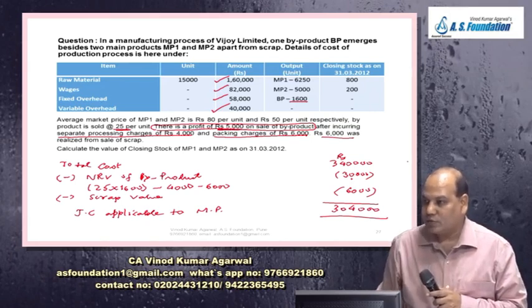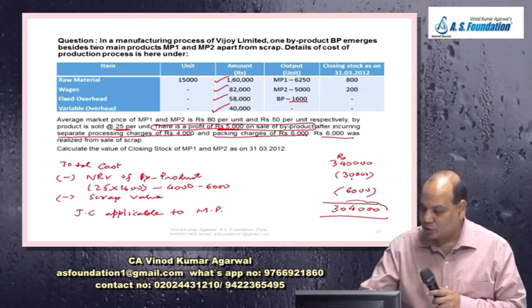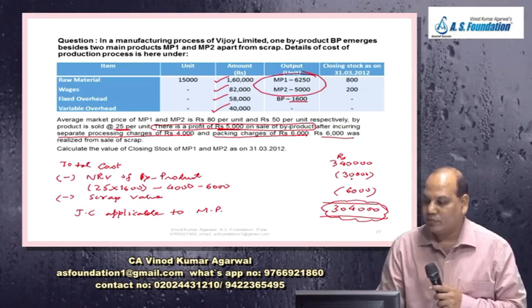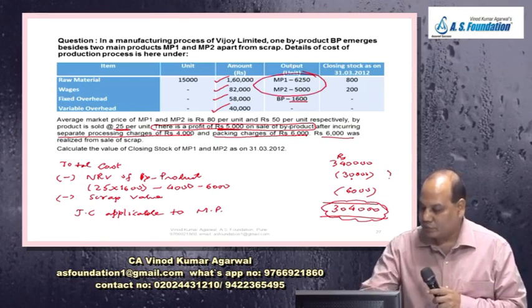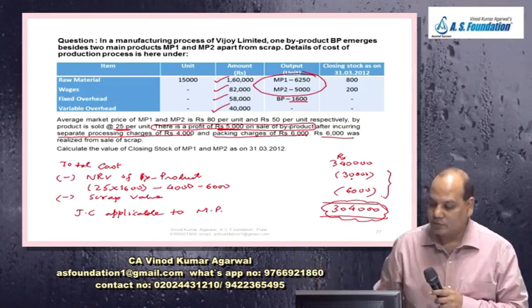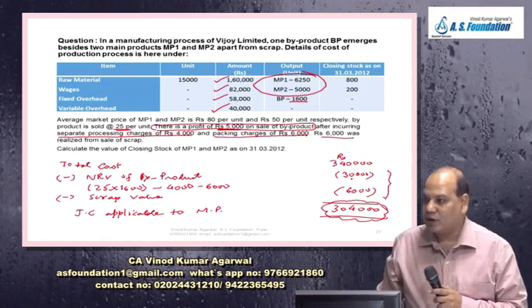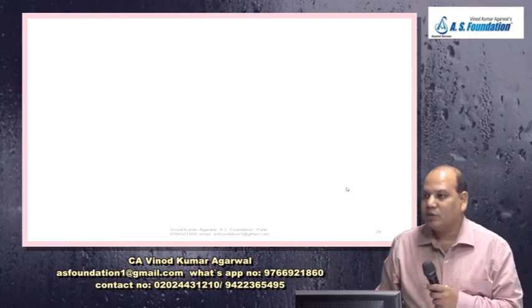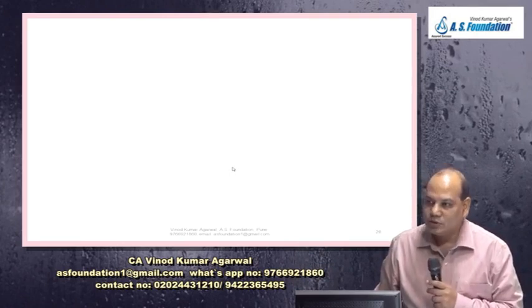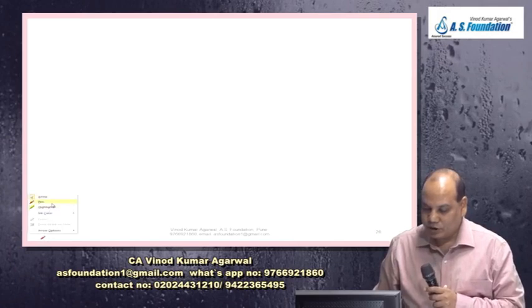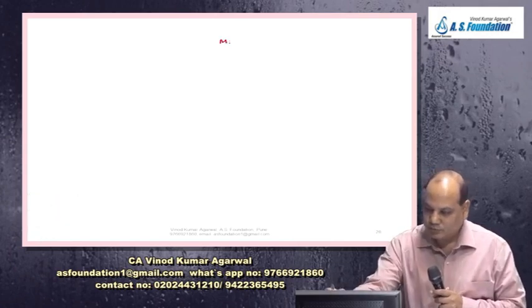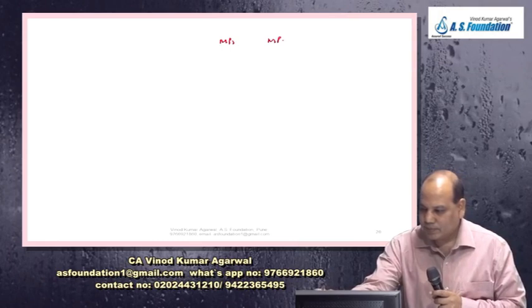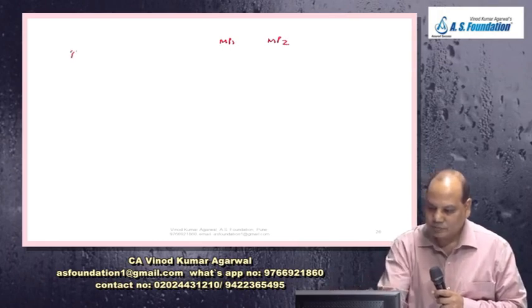Now once you get this figure, this is the cost that is attributable to MP1 and MP2. From the total cost, whatever we could recover by selling the byproduct and scrap, that we have reduced, which means now the remaining cost is attributable to the other two products. And then as usual, you will first find out the relative sales value.